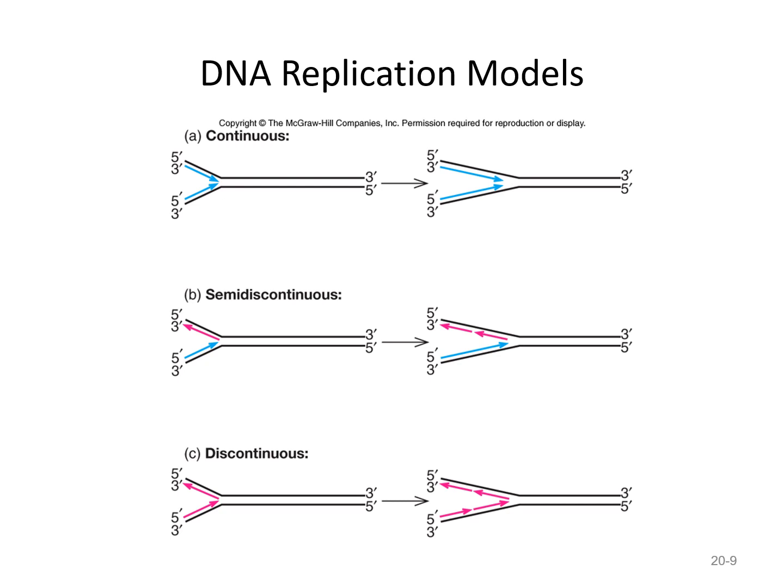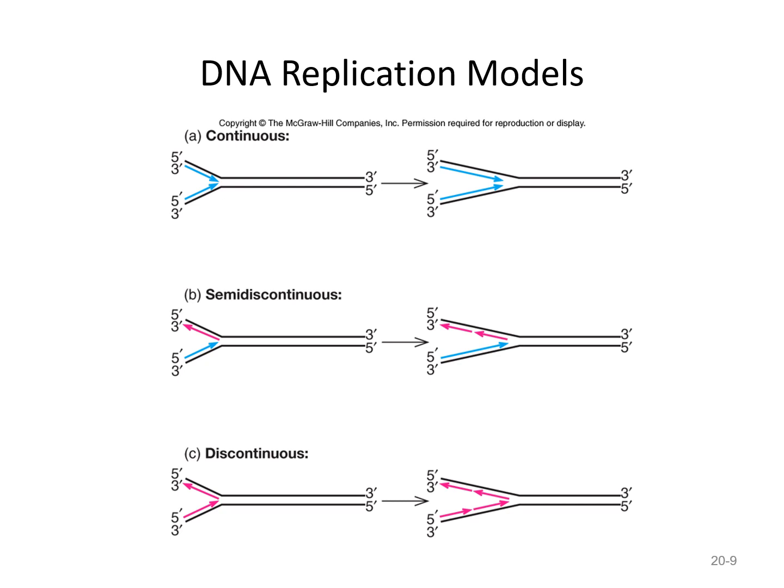The continuous model explains that the DNA synthesis can go from 5' to 3' and also 3' to 5'. And the semi-discontinuous model, basically, both strands will go 5' to 3'. And then another one is discontinuous.